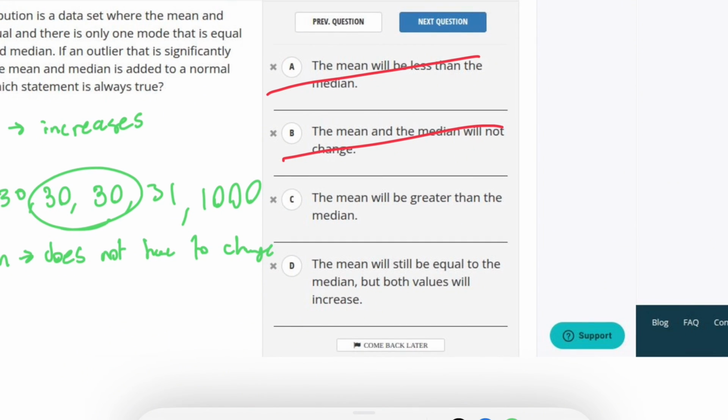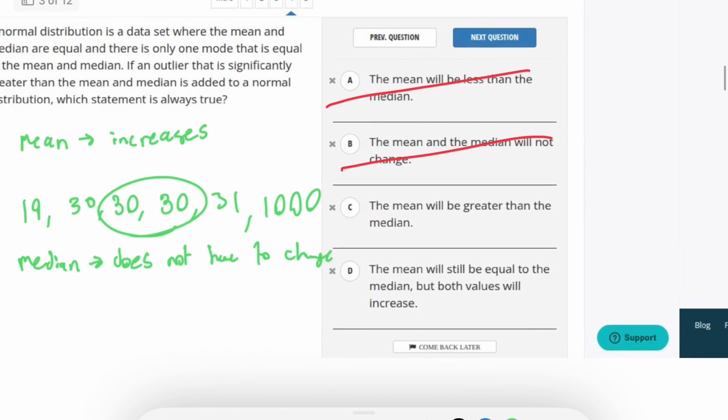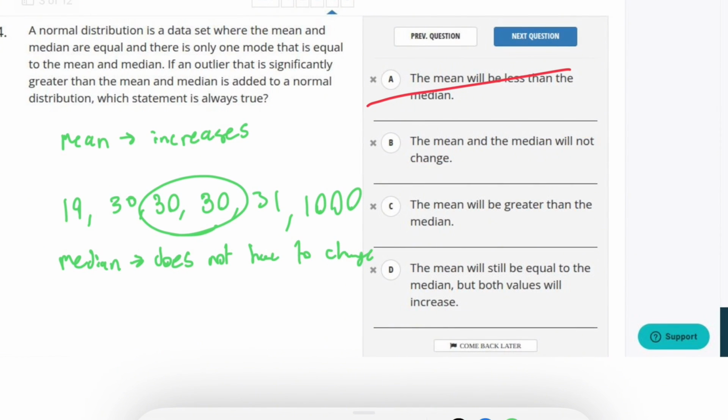C, the mean will be greater than the median. Yes, 100%. C is correct because here the median, let's say there wasn't an odd number at first. There was an even number. Still, the data, right? So it would be like this.